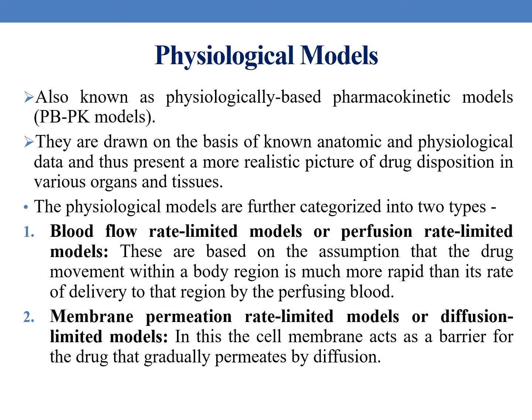The physiological models are further categorized into two types: blood flow rate limited models or perfusion rate limited models, and the second one is membrane permeation rate limited process models or diffusion limited models.